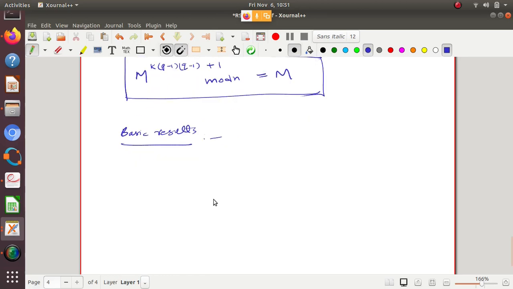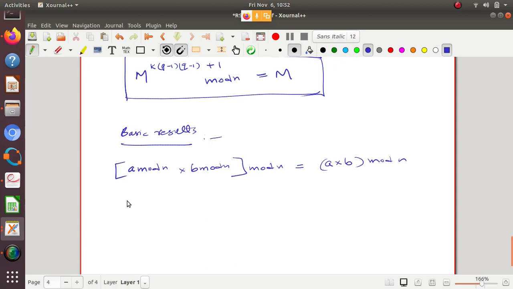One is a mod n into b mod n, whole mod n, is same as a into b mod n. Okay, this is a property of modular arithmetic that we have already discussed.